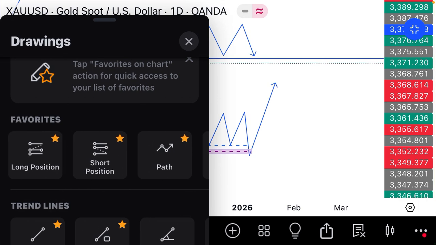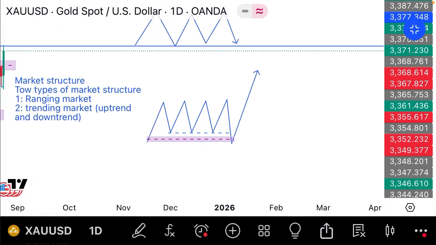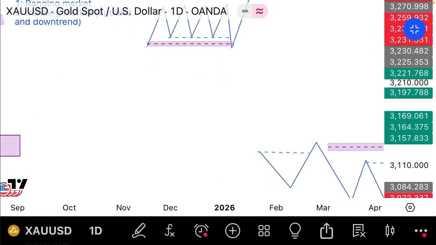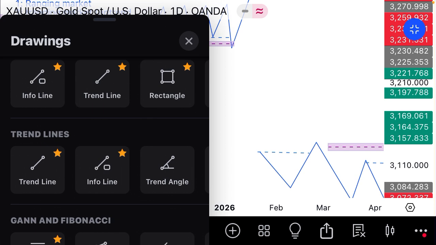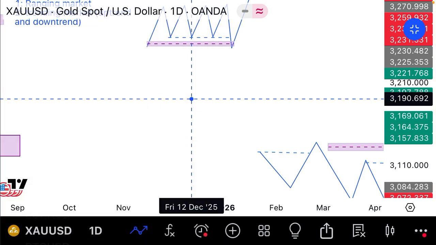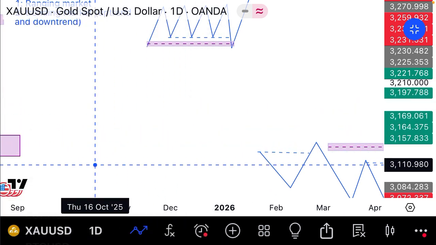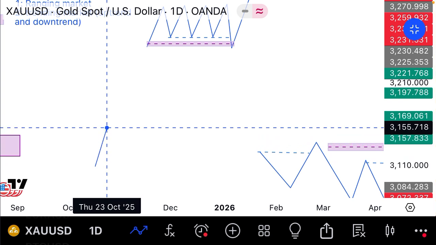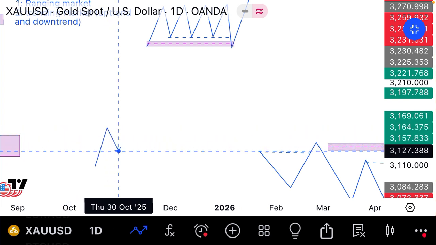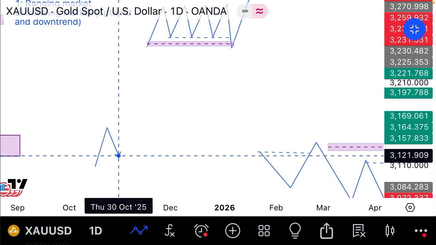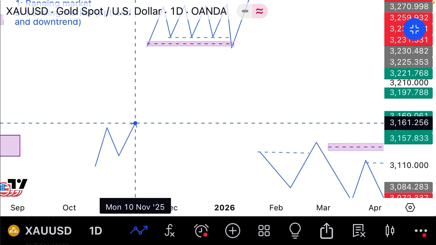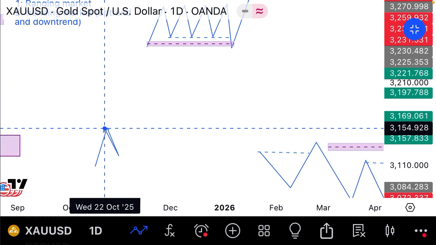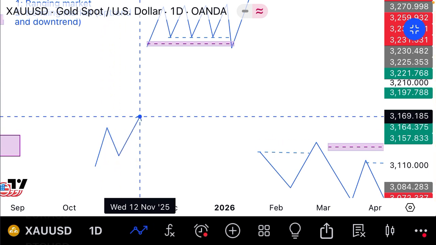Then for an advanced market structure for an uptrend, you want price to give us an inducement. Let's say price is on an uptrend, so you want price to give us a break of structure and also an inducement. So this is it. Price comes to break structure. Like here is now a structure. Price breaks it.